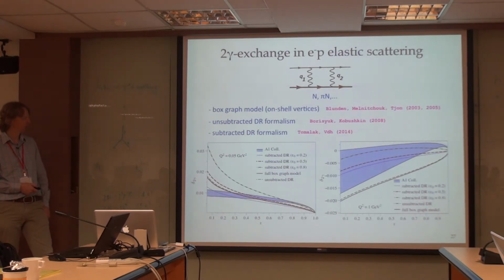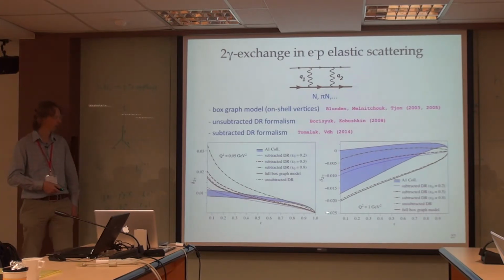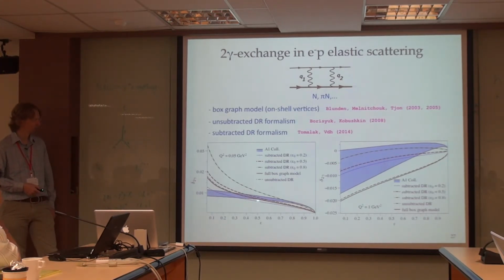And there are a number of curves which are shown here. So there are curves where one shows this box diagram calculation, which is not necessarily correct because it doesn't have the correct off-shell behavior. And then one has subtracted dispersion relation calculations, and there are three of them which are shown here because they depend on where you do the subtraction.